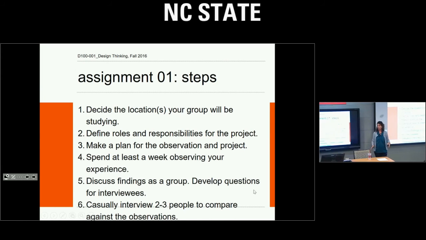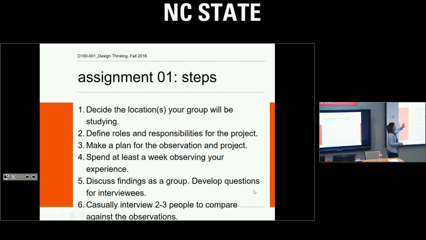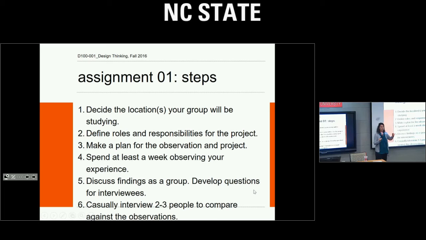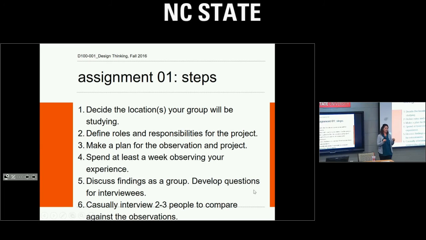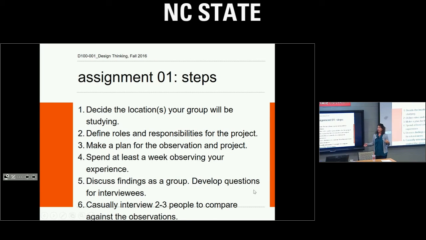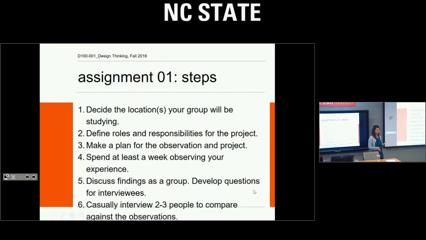Who's going to be doing what? Everybody needs to observe, but these roles and responsibilities are geared more towards putting everything together for the project. Make a plan for the observation. Do you want to do it all at the same time, or do you want to do it at different times? You all need to do it individually, but you could do it at the same time.